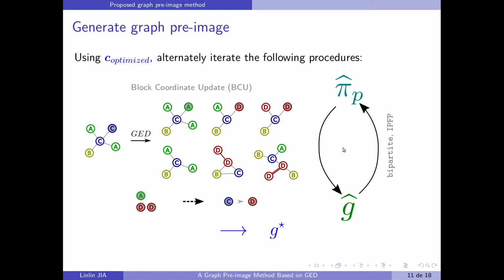In step 2, we fix the corresponding edit paths and we use a block coordinate update procedure to update the median graph. Each node in the graph is replaced by another node based on the edit paths. The label of the node is replaced by the most occurring label over these nodes. The edges are updated the same way.